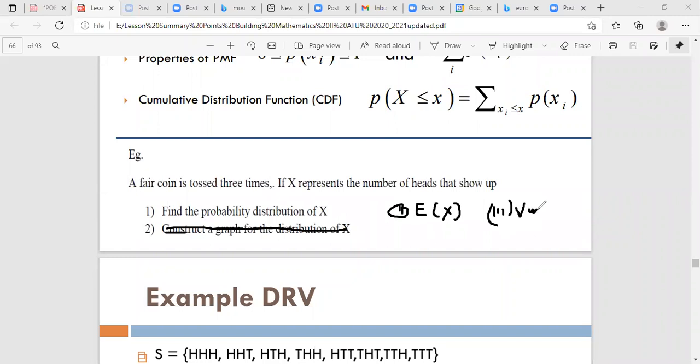Earlier I used Var, V of X. So find the variance of the random variable in this experiment. So that is exercise 1. Try it at your end for me. I'm giving you about 5 or 6 minutes to finish it up.